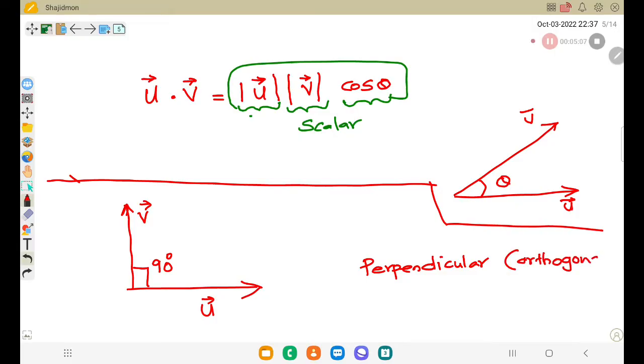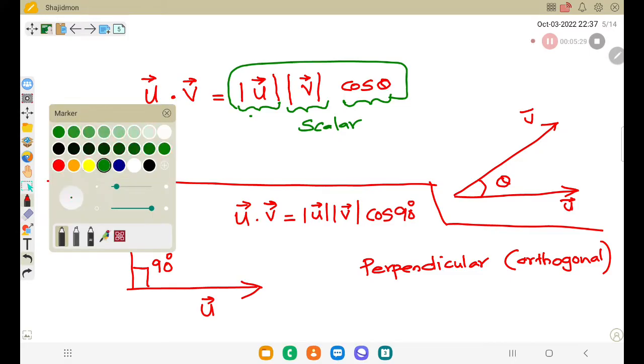Orthogonal vectors. Okay, so the angle between the two vectors is 90 degrees. So at that time what will be the u dot v value? u dot v equals absolute value of u, whatever the number, times absolute value of v, multiply cos of the angle between the two vectors, which is 90 degrees, cos 90 degrees. What is cos 90 degrees actually?